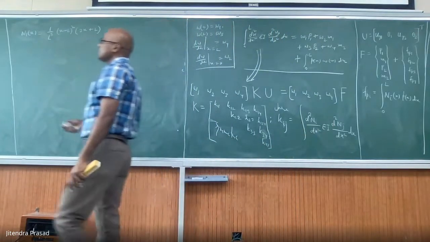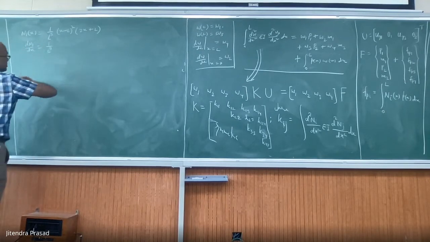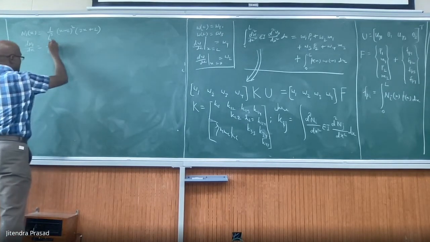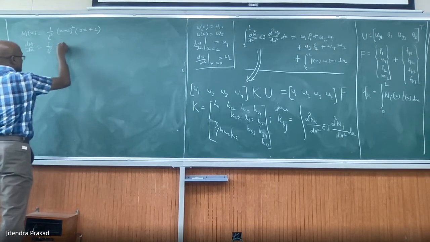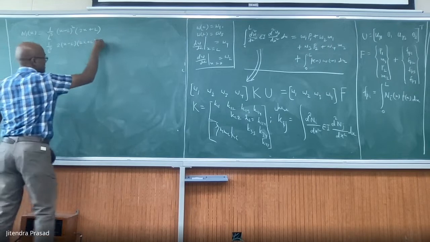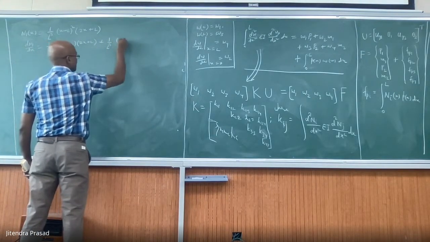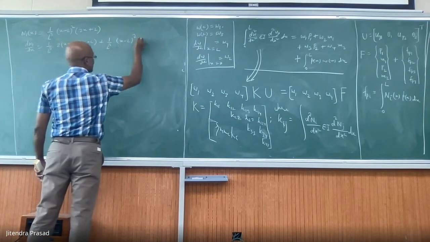It's easy. We first take the derivative of it, which becomes 1 over L cube times 2x minus L, 2x plus L, plus 1 over L cube, x minus L square, multiplied by 2.